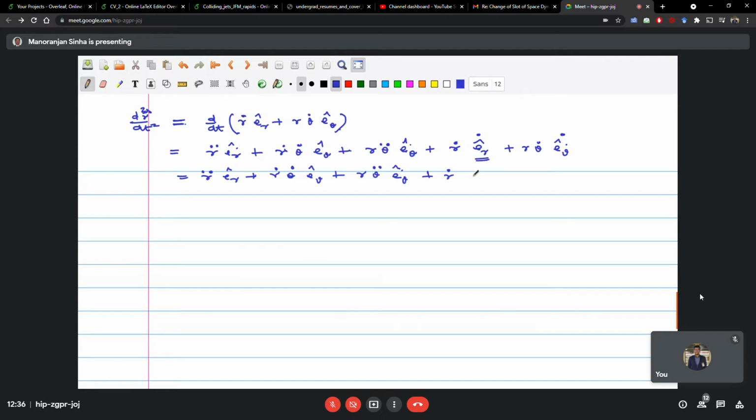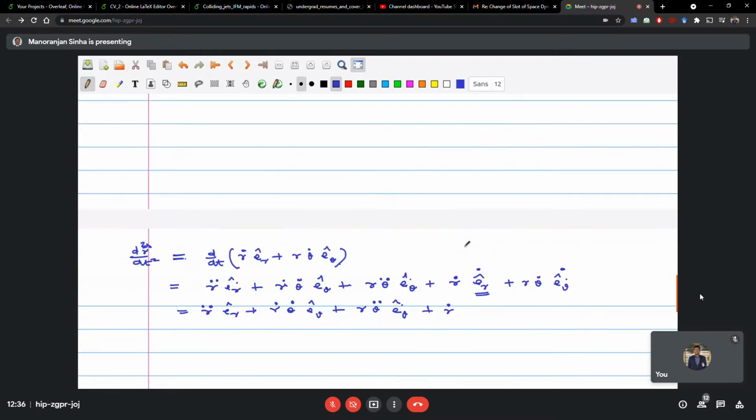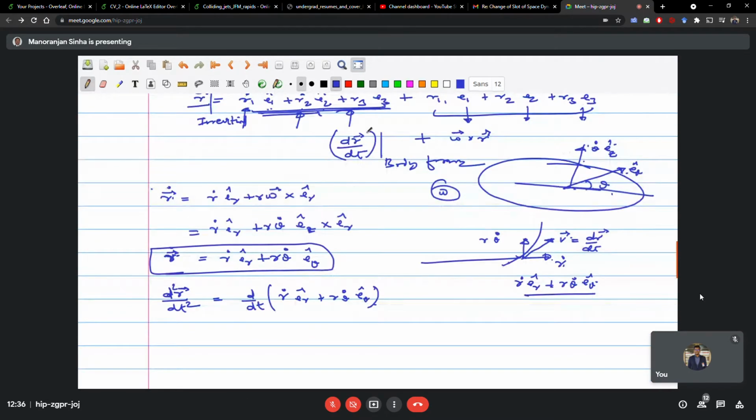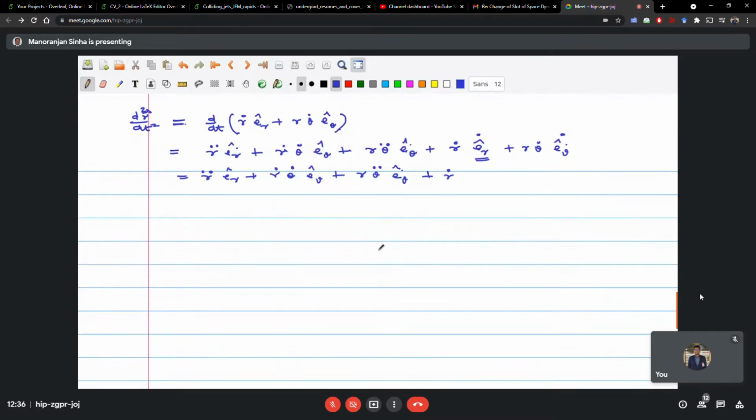Already we have looked into this. On the previous page we have written it in terms of E theta: theta dot times E theta. This is omega, so theta dot times Z cap, omega cross ER cap.